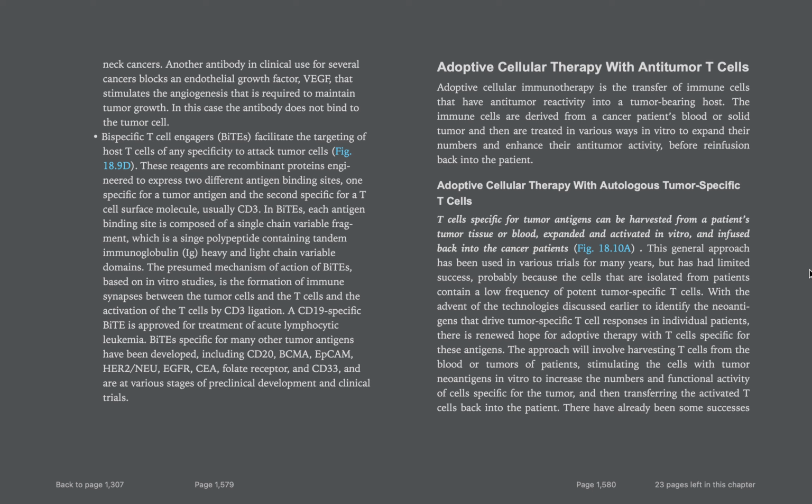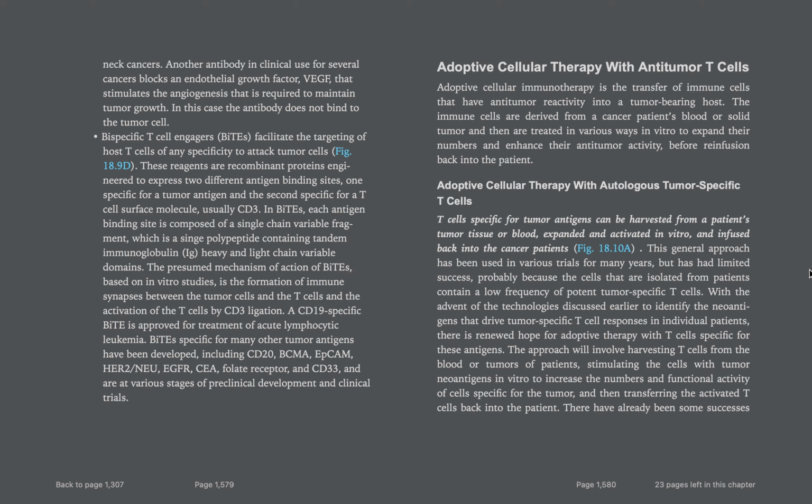Another antibody in clinical use for several cancers blocks vascular endothelial growth factor, VEGF, that stimulates the angiogenesis that is required to maintain tumor growth. In this case, the antibody does not bind to tumor cells.